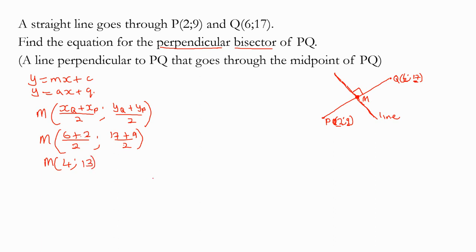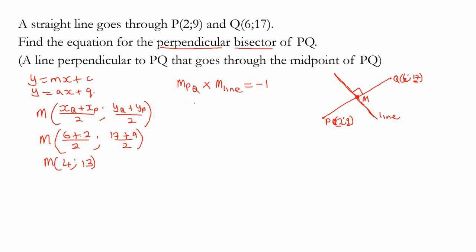Now remember the gradient of the line is the negative reciprocal of the gradient of PQ. So we can say the gradient of PQ times the gradient of the line is equal to -1. Sometimes there's no need to do this; you just have to know that it is the negative reciprocal.